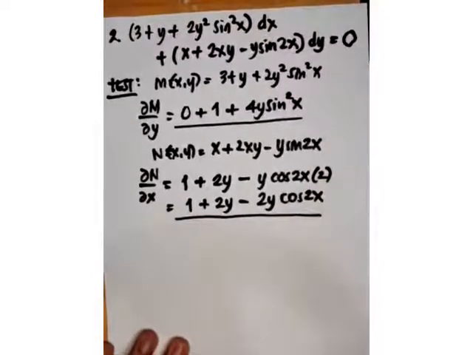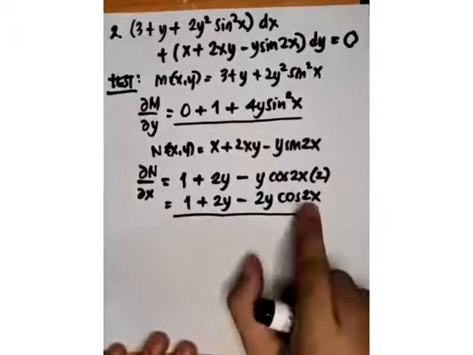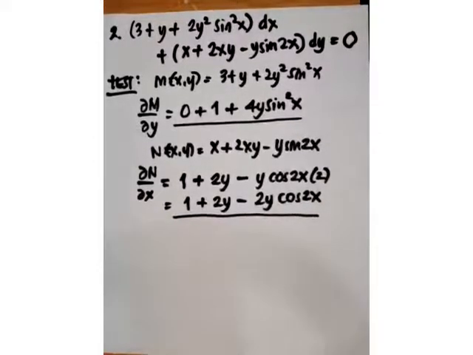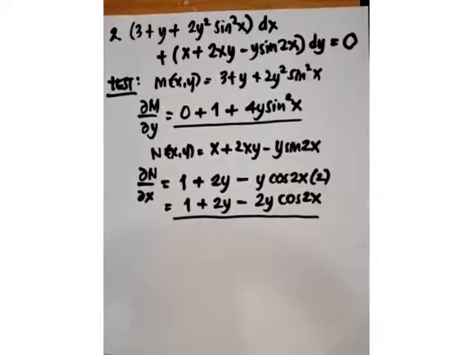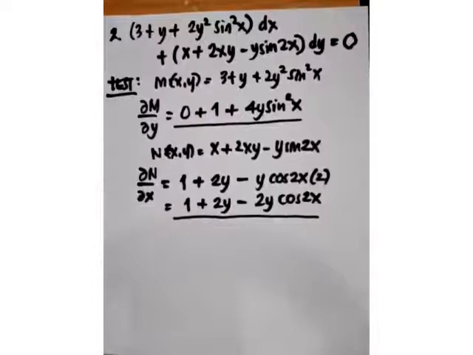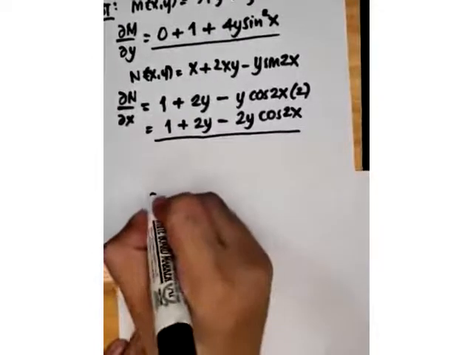Do you remember those identities? The sin, cos, sin. Cosine has three identities, right, for 2x. So, should I derive them or should I just write them? Sige na nga, I'll derive them.